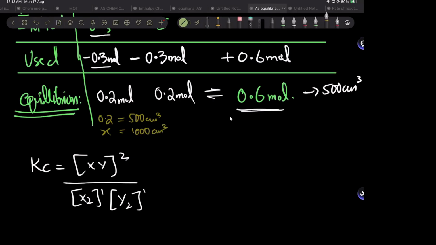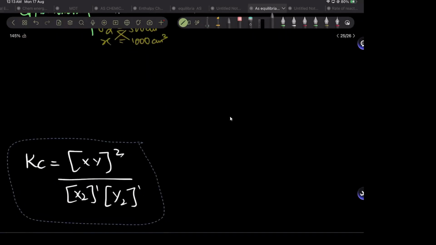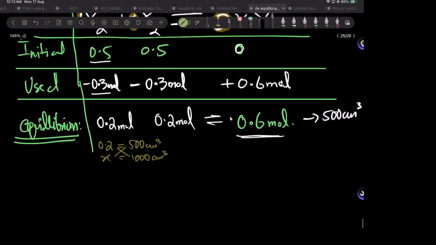That would be 0.2 into 1000 divided by 500.